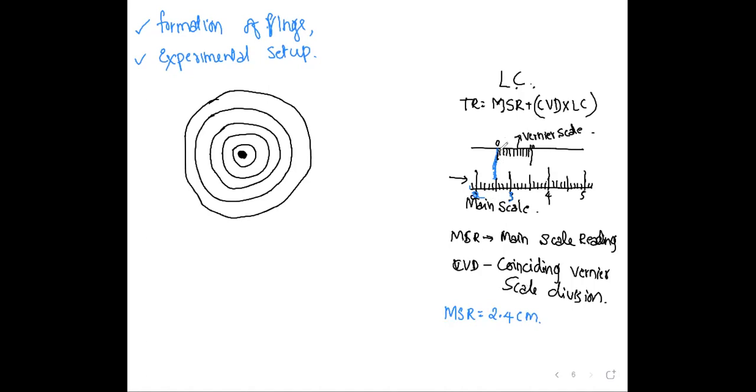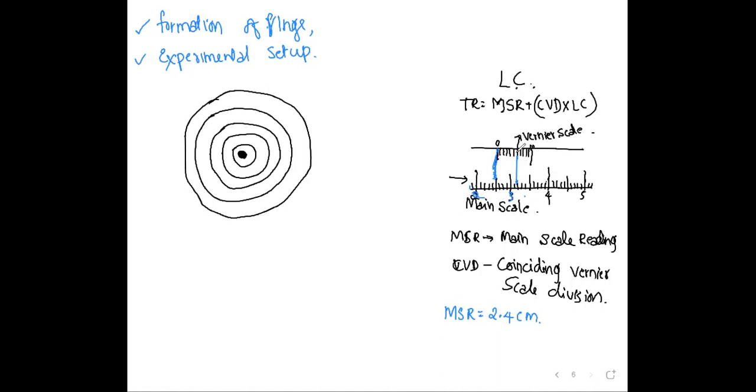In these 10 divisions, any one line will coincide with the main scale division.